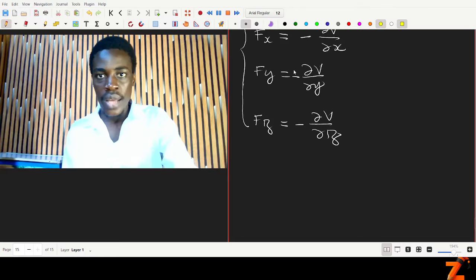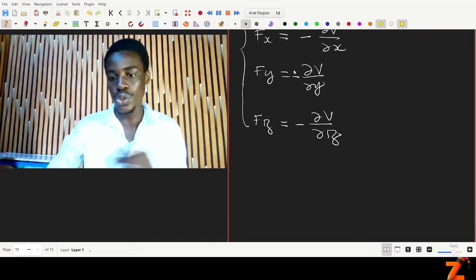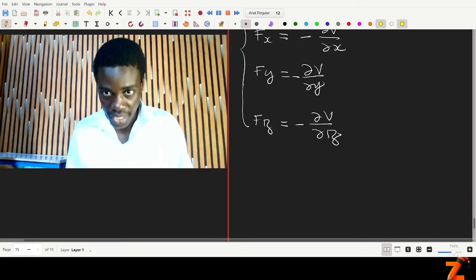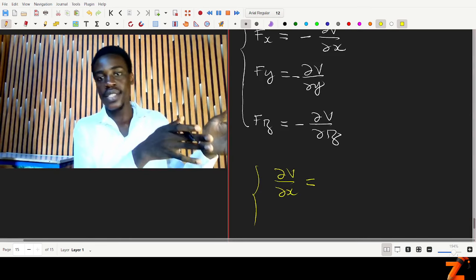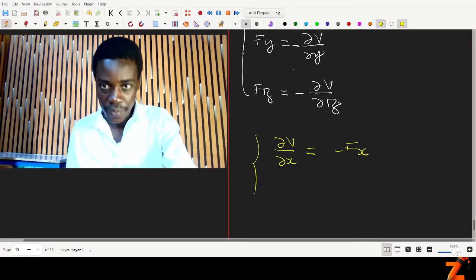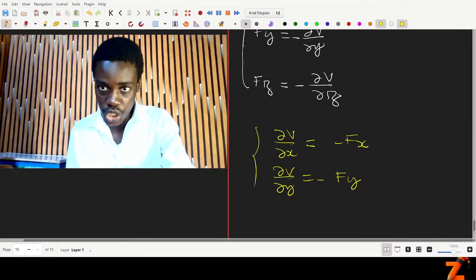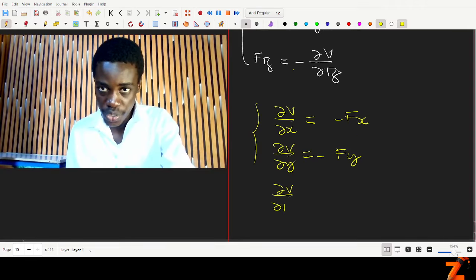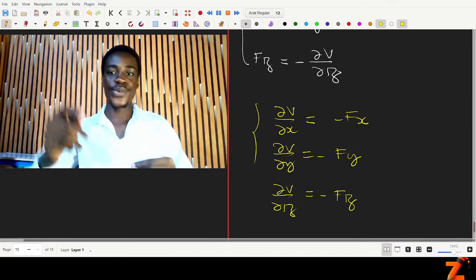Here it is at the right, c'est à droite, alors que moi je vais l'avoir à gauche. Donc je fais comment? So the derivative of v with respect to x is what? Now it is at the left of the equality and it is good. So I have negative fx, the derivative of v with respect to y is negative fy, and to finish the derivative of v with respect to z is what? Negative fz. Very, very good.